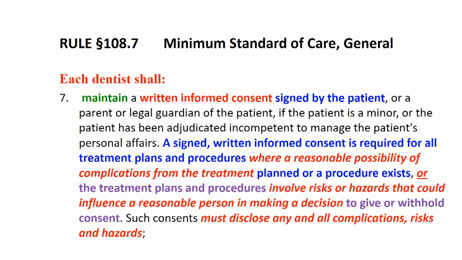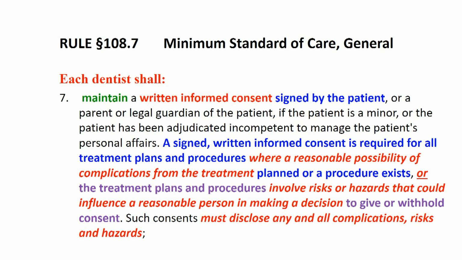Informed consent, as far as informed consent forms and what will be compliant. First of all, the dental board does not provide you with any informed consent forms that they consider to be compliant. Rather, they give it to you through this particular rule to determine what your informed consent will say within these guidelines.